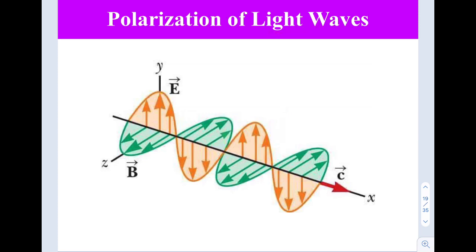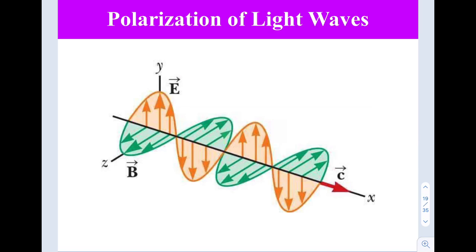Any light wave consists of electric field, represented by the orange color here, combined with the magnetic field represented by the green color here, propagating in the x direction in this figure with the speed of c, which is 3 times 10 to the power of 8 meter per second.